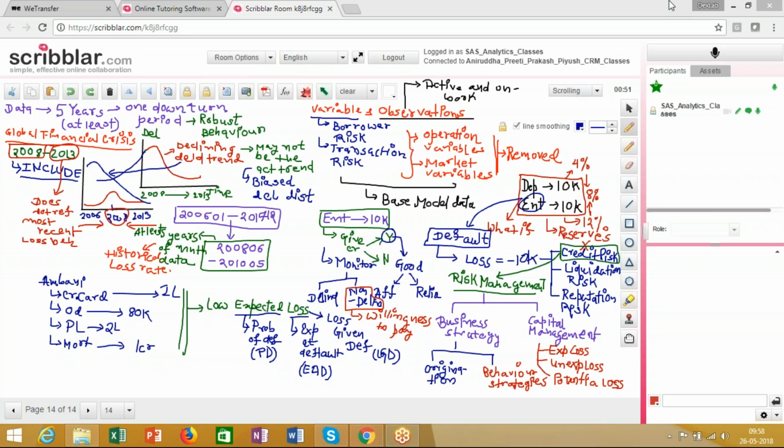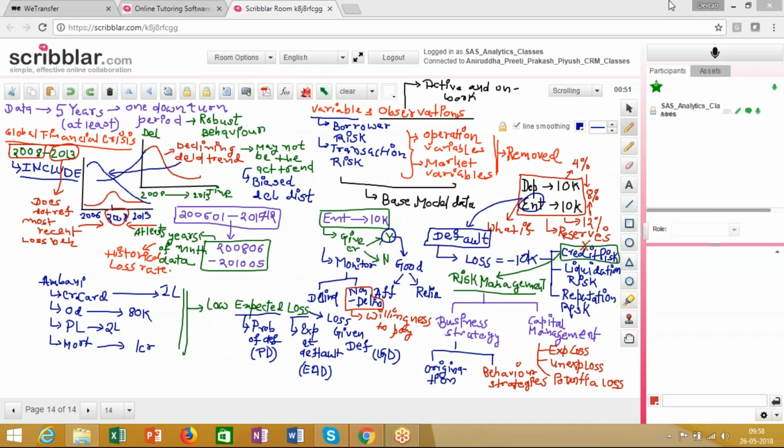So that is given by the EAD model, right? And then what we look into is the expected loss, the loss given default. Once the recovery process initiates, how much approximately can be collected from this account, the rest will be the loss given default.